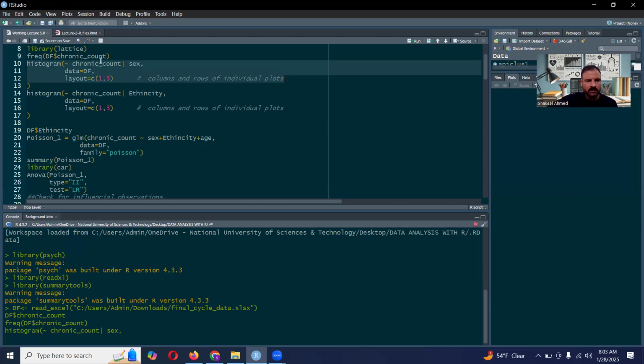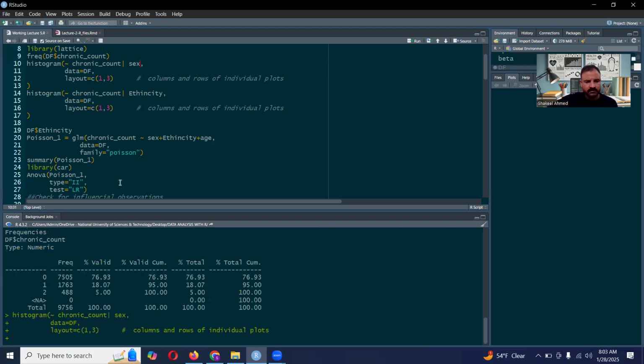You can find the histogram directly for the chronic counts without stratifying by sex. So we have 7,000 zeros, and other numbers are relatively small, but still we can't say this is inflated zeros.